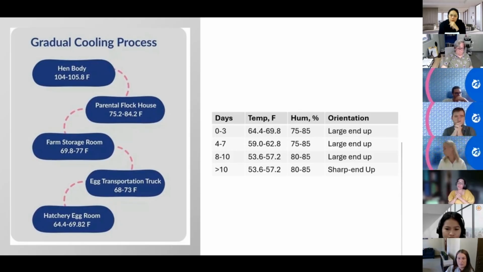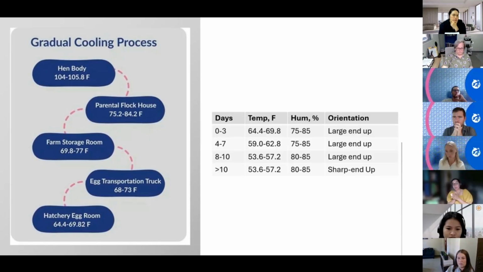So what about temperatures? The cooling process is very, very important. We need to bring that egg, after laying, down to the farm storage room, which is 69.8 Fahrenheit. How do we do that? It needs to be a very gradual process.